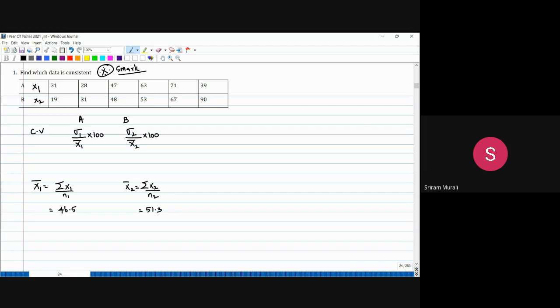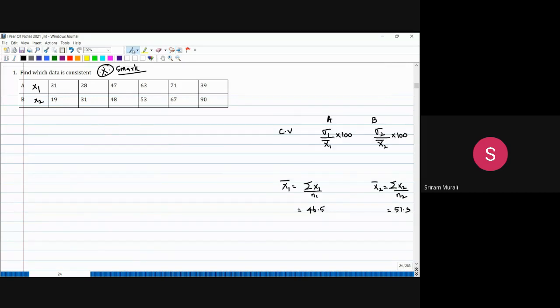Now I have to find the deviation from x minus x bar. So x1 minus x1 bar, x2 minus x2 bar. First take a difference and then square this.